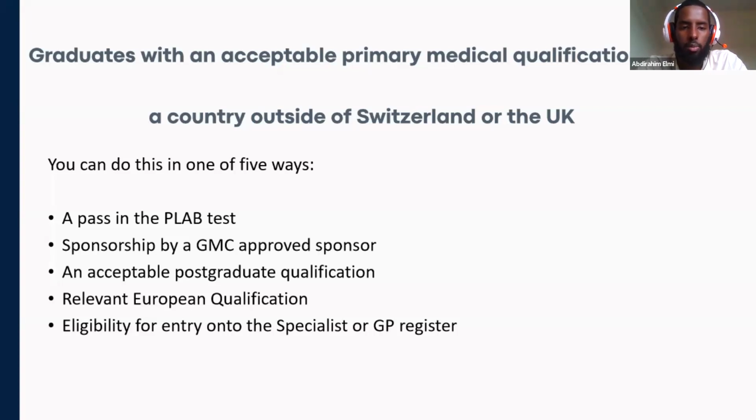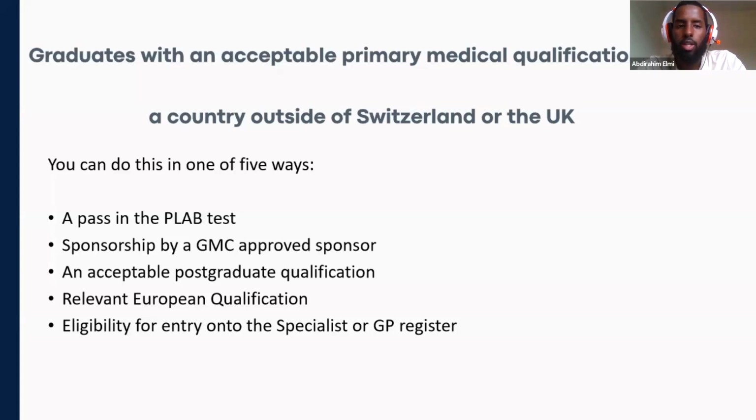If you have an acceptable European qualification, which shows that you have the right knowledge, skills and experience, you don't have to do it. But if you don't, for example if your university was only 5 years long, they do require you to do the PLAB test.